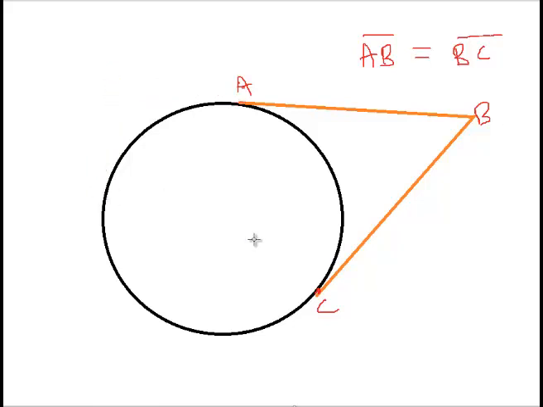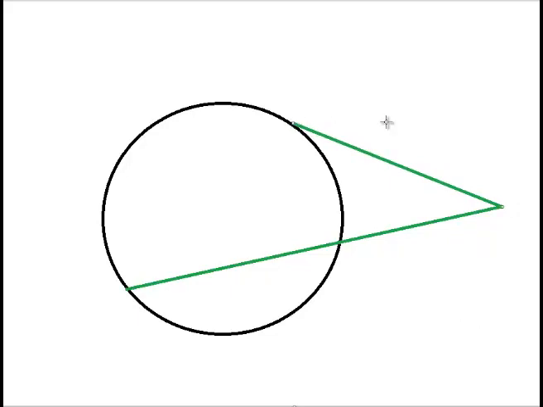Okay. The other one is a little bit less obvious, but we can draw it anyway because it's just as important to realize. That is, what if you have a secant and a tangent in a circle? I've got a secant here, and I've got a tangent here. Let's give them letters. We'll call this A, and this B, and this C, and this D. ABC is, of course, a secant.